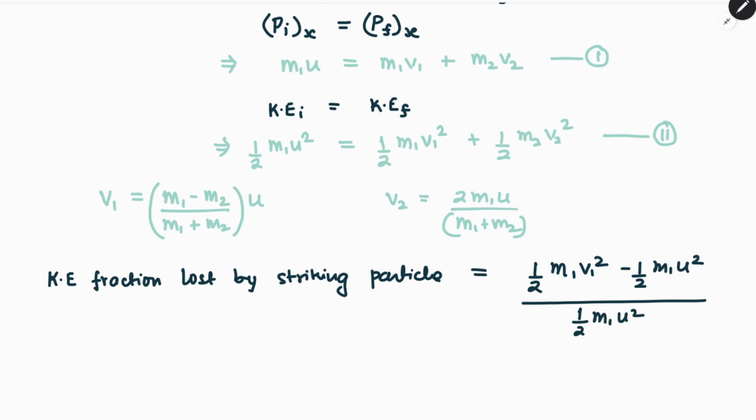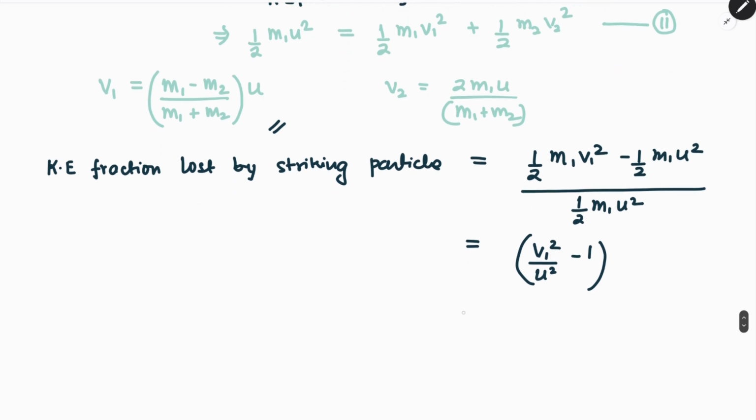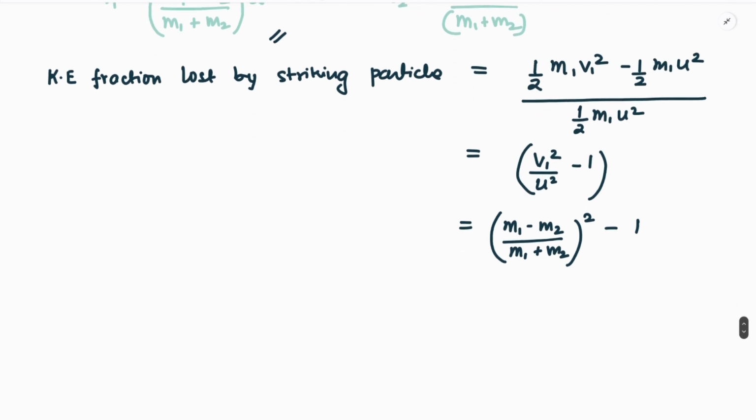So on solving, we obtain v1 square by u square minus 1, and v1 square by u square can be evaluated from the expression that we have. So we can write this as m1 minus m2 upon m1 plus m2 squared, minus 1. And on solving, we obtain this expression.